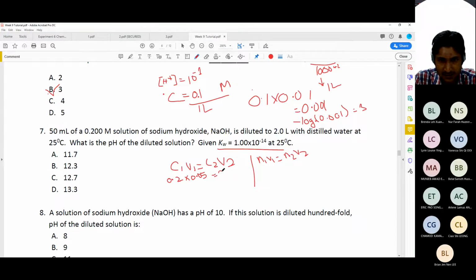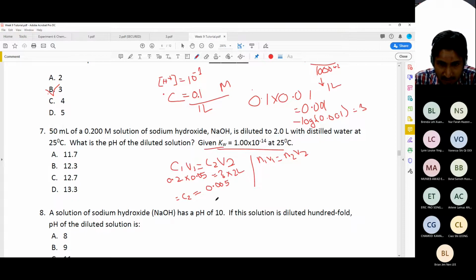C2 is the new concentration we need to know, and the volume will be 2 liters. From there, the new concentration C2 becomes 0.005, and that is the hydroxyl ion concentration.